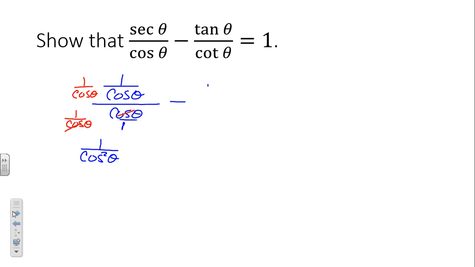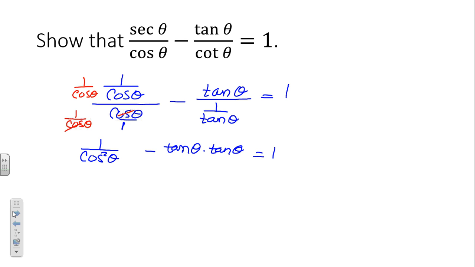Tangent over cotangent. What's the cotangent equal to? Keep the right side the same. We want to work with the left side to get it to the right side. But 1 over tangent in the denominator, I flip, right? You just find the reciprocal. That's going to be tangent theta times tangent theta. What is tangent of theta times tangent of theta?